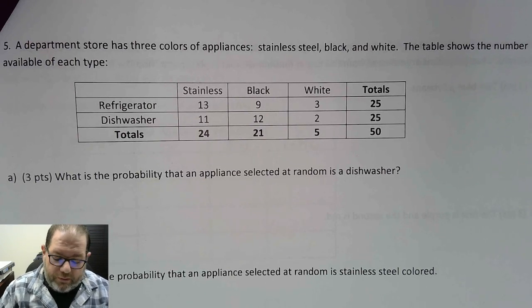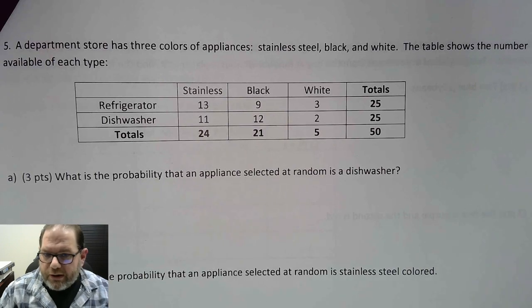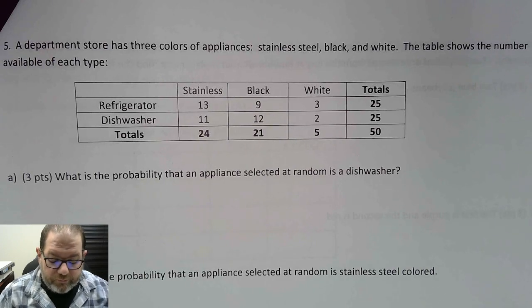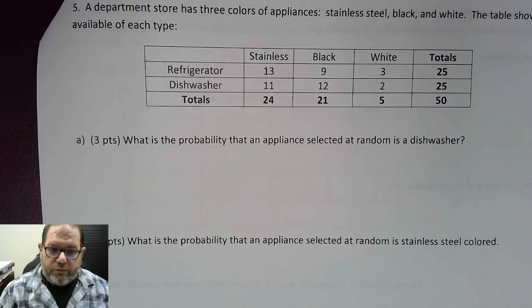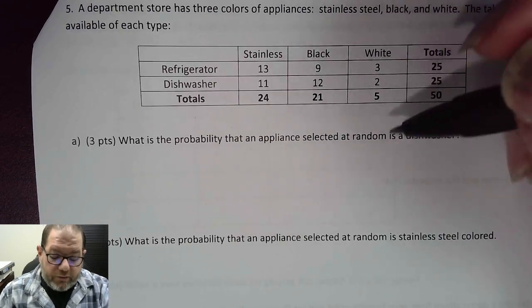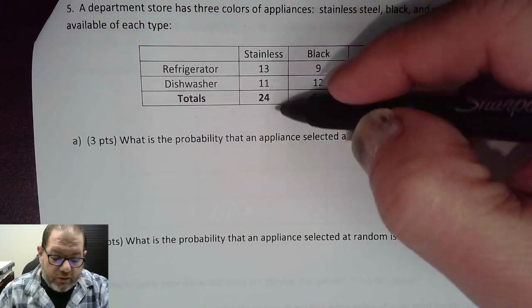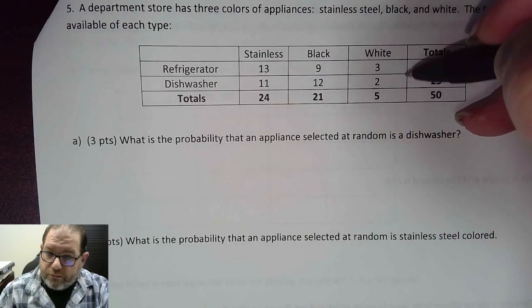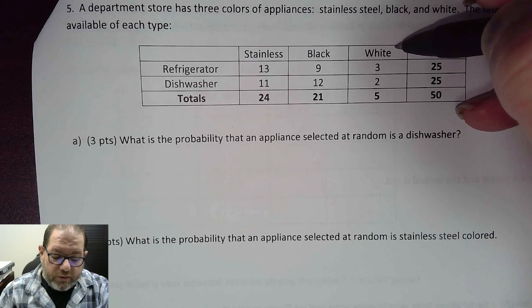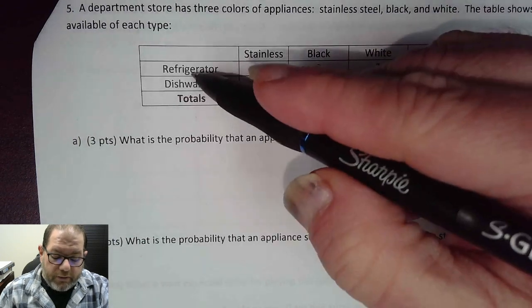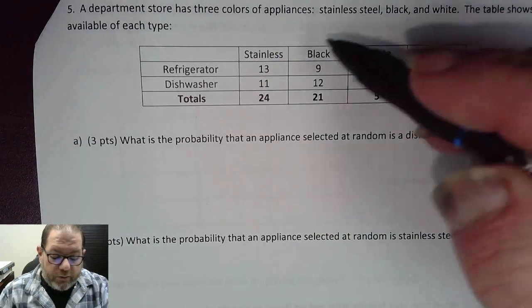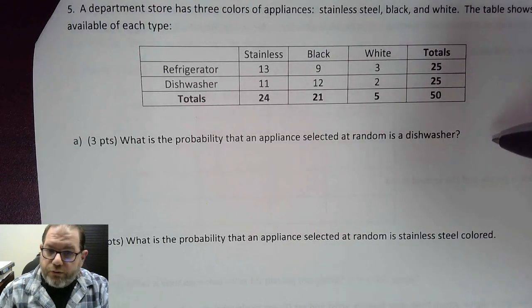And we could have made a bigger table, but I just wanted to keep it simple. All right, so in this table we have the 3 different colors, the 3 different finishes that are available in the 2 appliances, and we have row and column for totals as well.